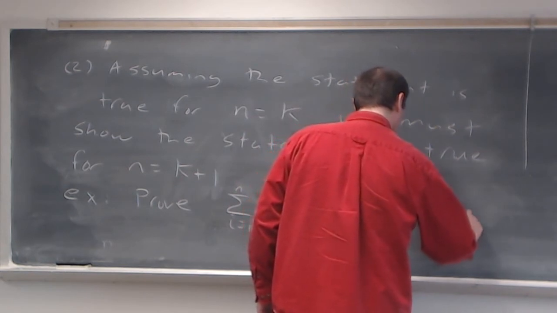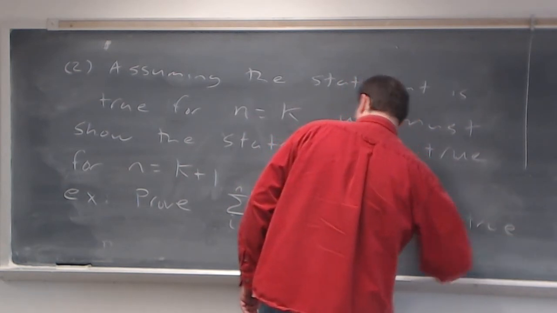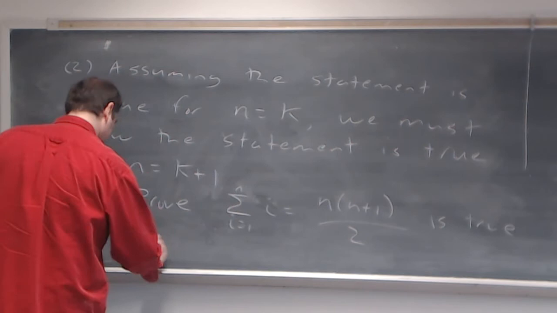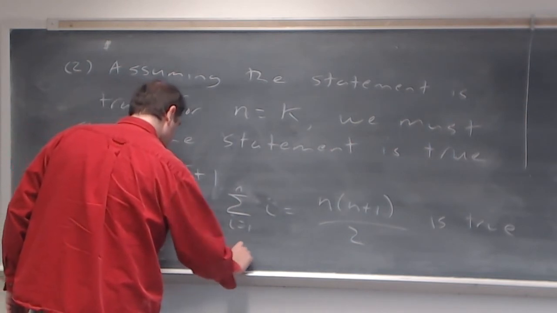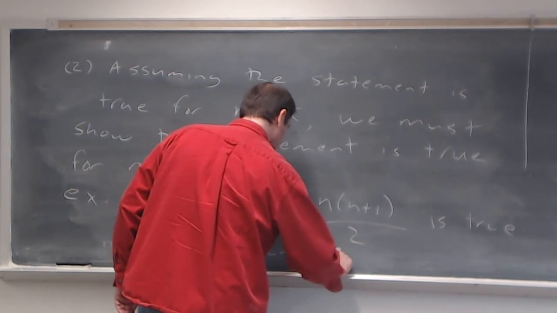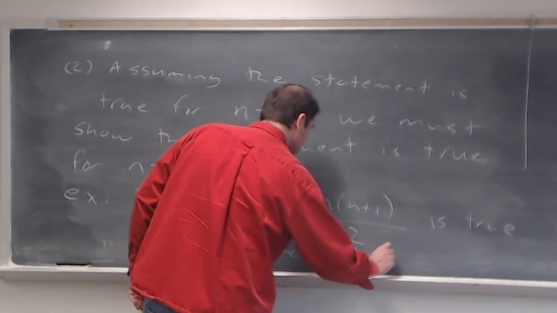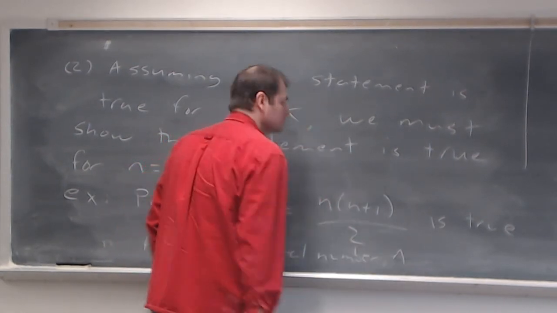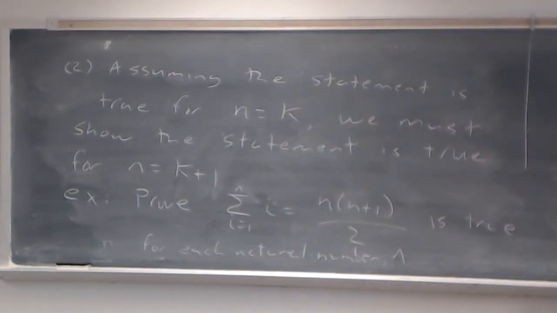Prove this formula is true for each natural number n. That's what I want to do. This is a well-known fact. When I teach, the first time I use this fact is essentially in Cal 2, going into Cal 1.